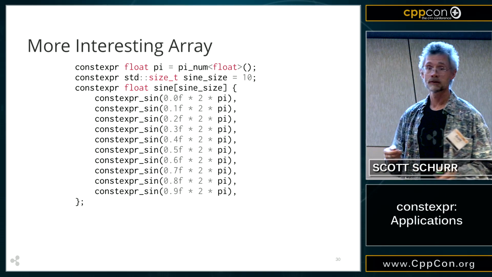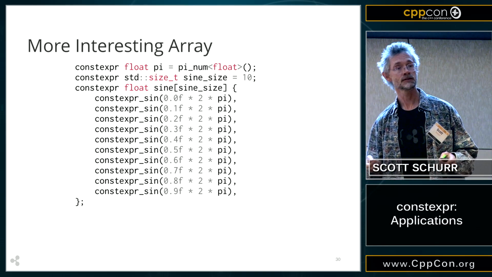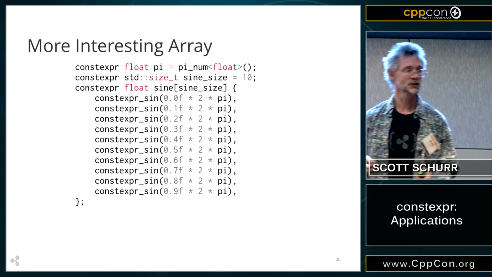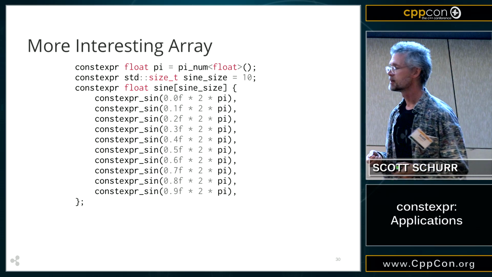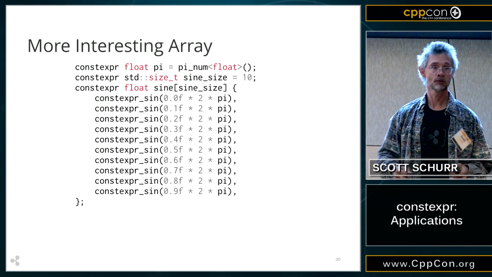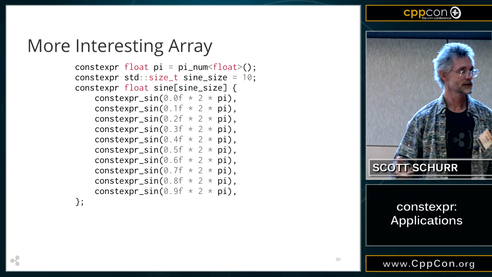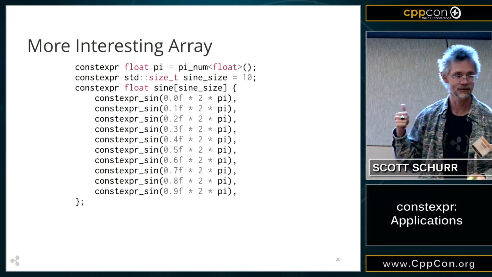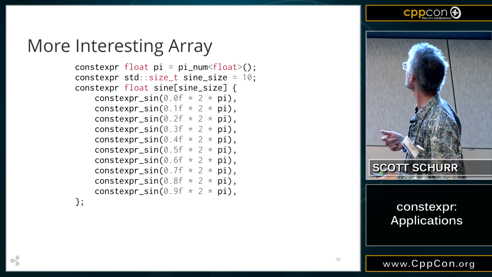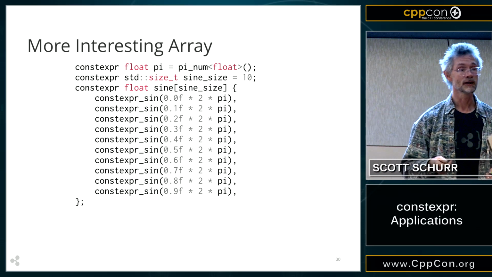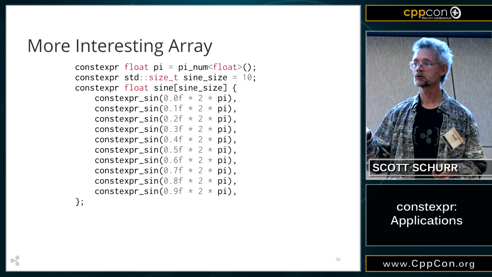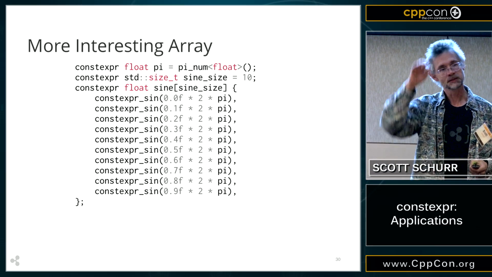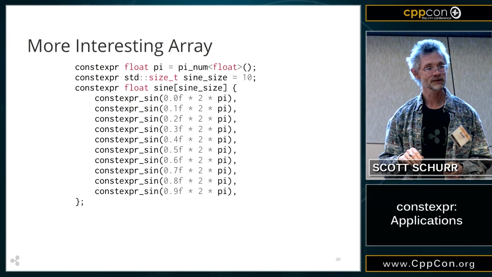But let's hypothesize a constexpr function that we're going to call constexpr sine. What we now have is an array of sine values. If you're doing signal processing, we now have 10 parts of a sine wave. Historically, the way you would solve this problem is by typing in a bunch of floating point numbers.